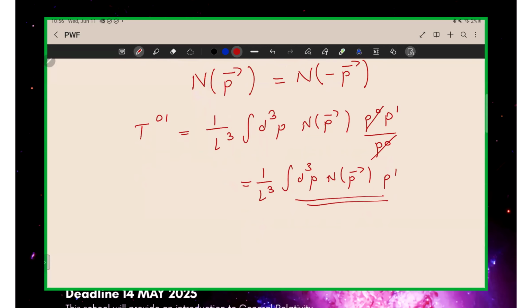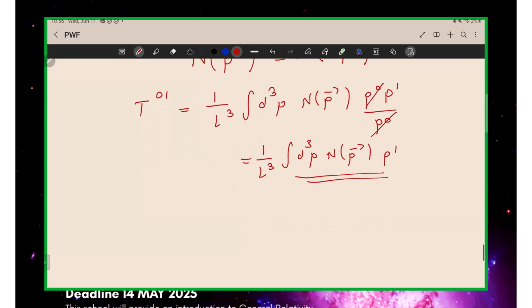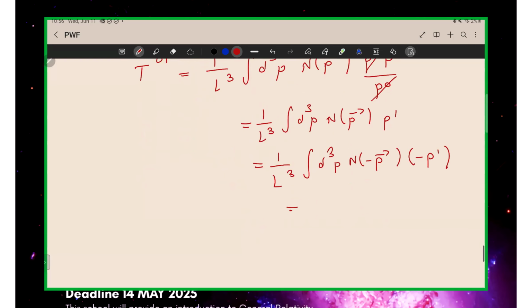Why? Because P is just an integration variable, the momentum. If you send P to minus P, this integral should not change, because P is just an integration variable. But as we have seen, n(P) is equal to n(minus P), so you get a minus sign that comes in at the start.